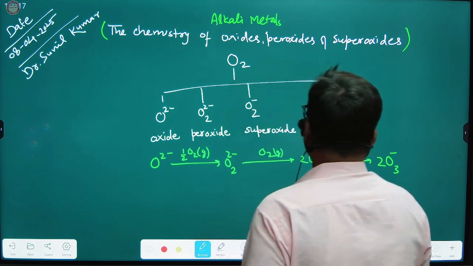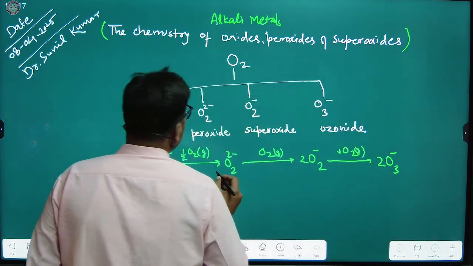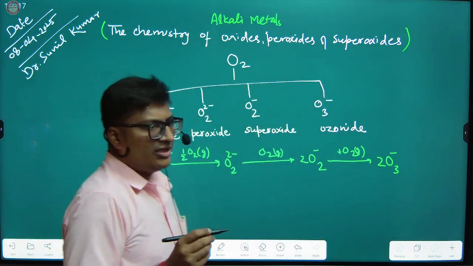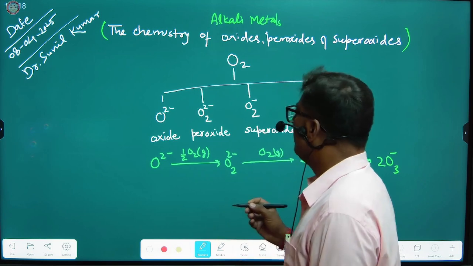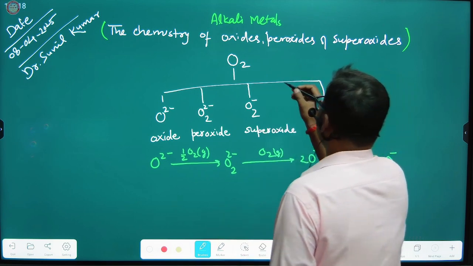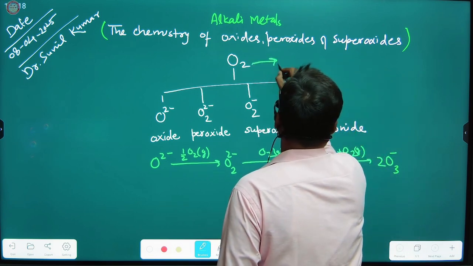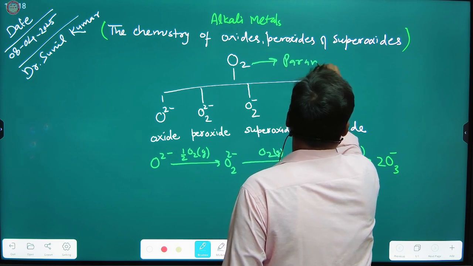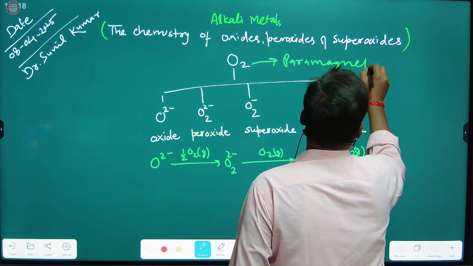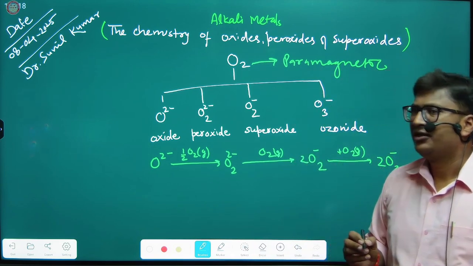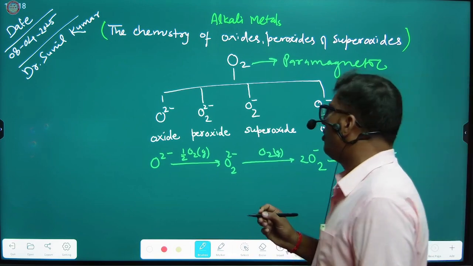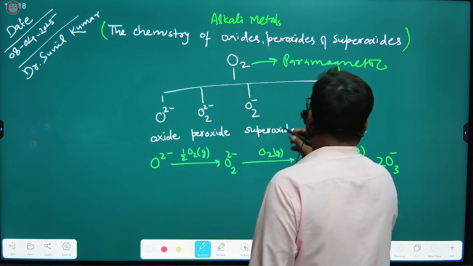right? So if you talk about oxygen, oxygen is nothing but a diatomic molecule, which is paramagnetic in nature, right? Paramagnetic means in liquid and in the solid state, oxygen is blue in color.